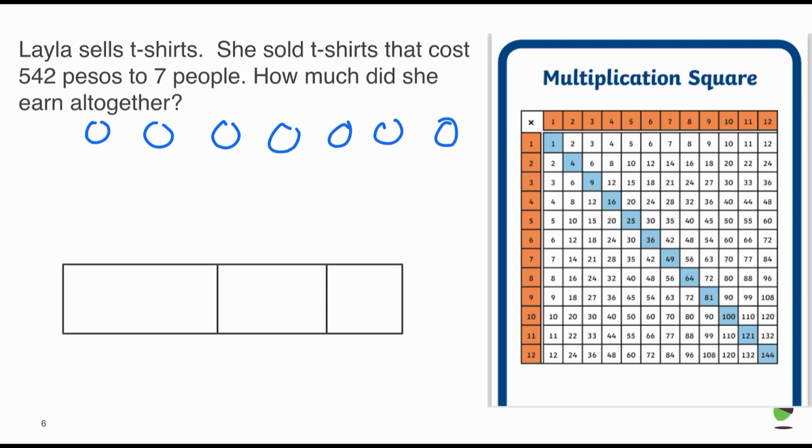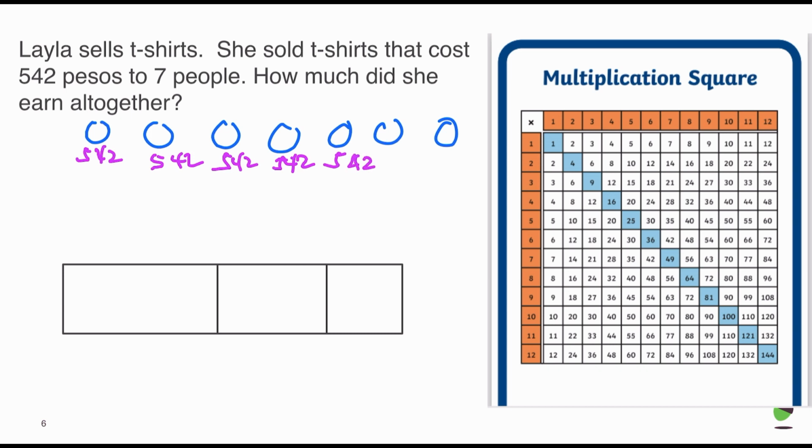Ito yung pinagbentahan niya. And lahat yun ay nagbayad ng magkano pong halagang t-shirt? 542. So we can say that this is all 542. Lahat yan 542. That's not 11, ha? That's 542. All of them pay 542.